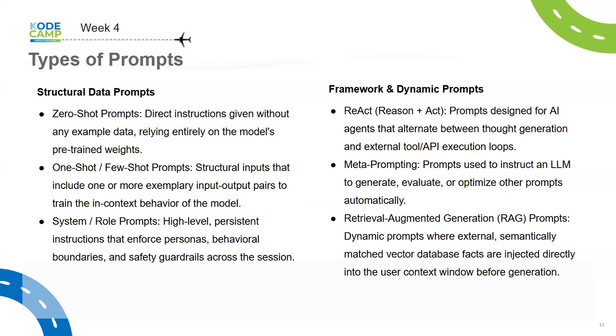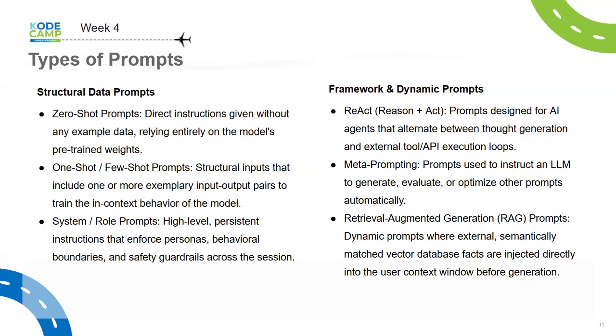Then we have other kinds of prompts. Structural data prompts are prompts where you want the model to be able to respond without giving it any additional data. So a zero-shot prompt means you give it a prompt without any example, and the model will give you a response based on training data that it had before.